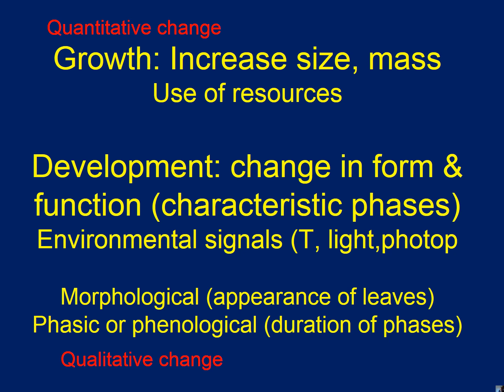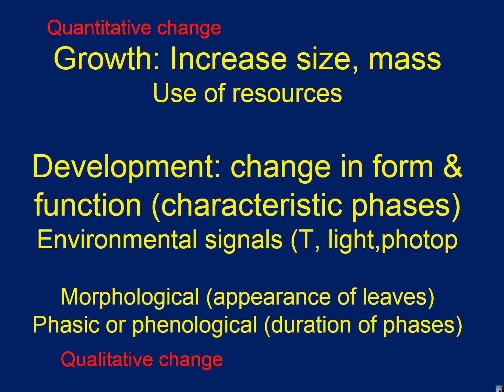The crop cycle is separated by given characteristic phases, and the duration of these phases depends on environmental signals like temperature, light, or photoperiod.